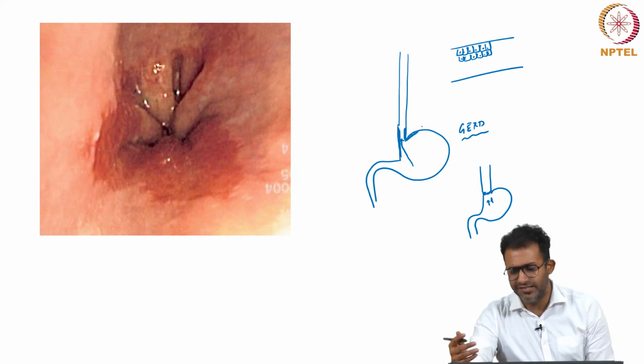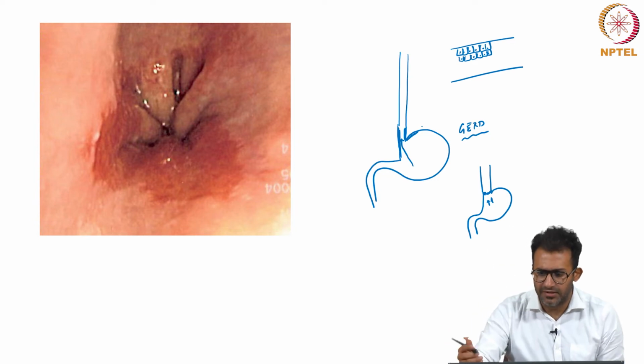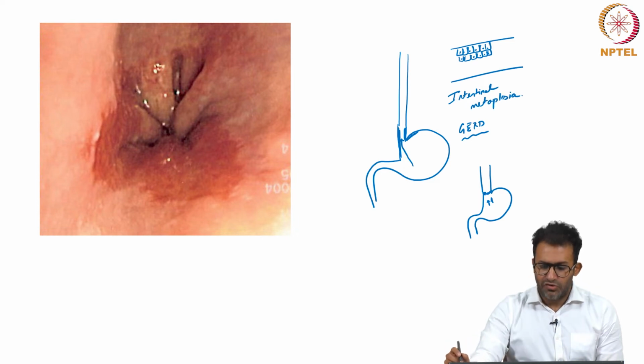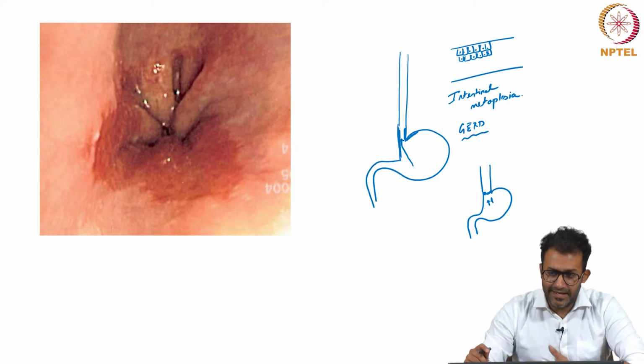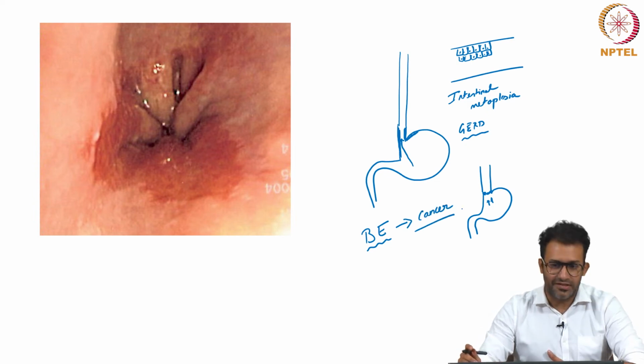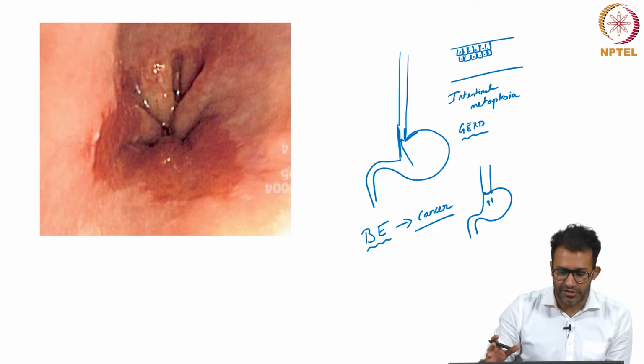This is called intestinal metaplasia, and it can predispose to cancer. This intestinal metaplasia is called Barrett's esophagus, in short BE. This BE can progress into cancer. The variety of cancer is way beyond the scope of this particular discussion.